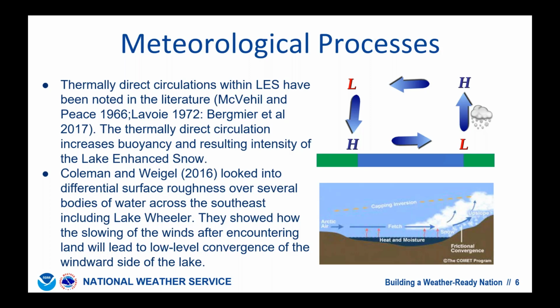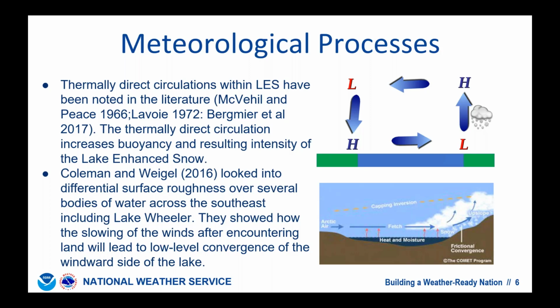My co-author also looked, in 2016, into differential surface roughness over several bodies of water across the southeast, and Lake Wheeler was one of those. They showed how the slowing of winds as they encounter land will lead to additional low-level convergence, something else that continues to enhance vertical motion.